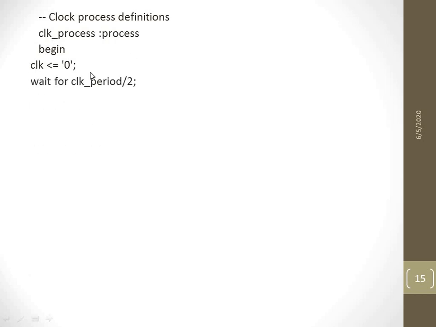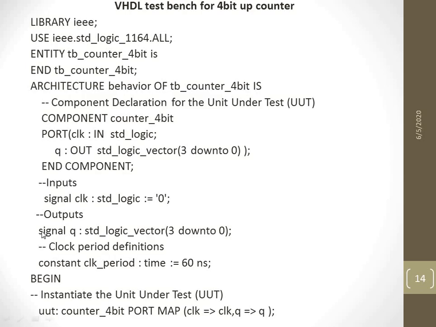So clock is generally initialized to 0 and wait for clock period by 2. So what is the period? Clock period, if you look at the previous slide, I have taken constant clock underscore period. How much is it? 60 nanoseconds. So we are asking it to wait for clock period by 2.